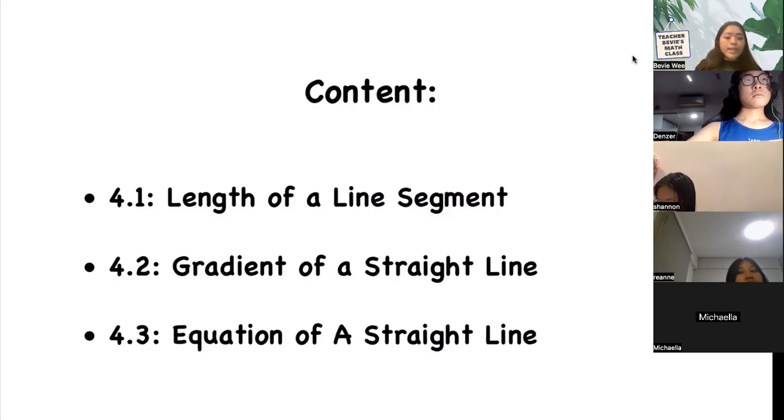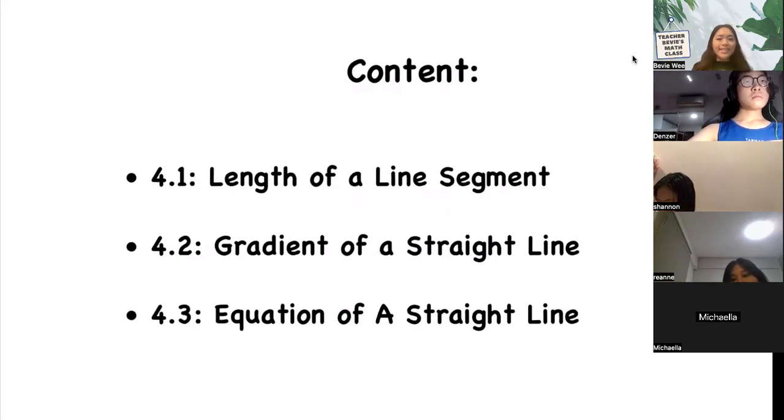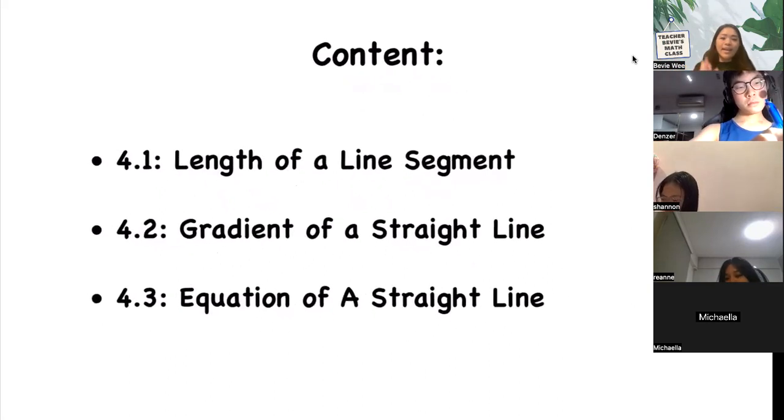Okay? So for Shannon and Rian, since you have covered this, can you tell me, don't cheat, don't go and look at the notes, what is the length of a line segment? Is it the formula?